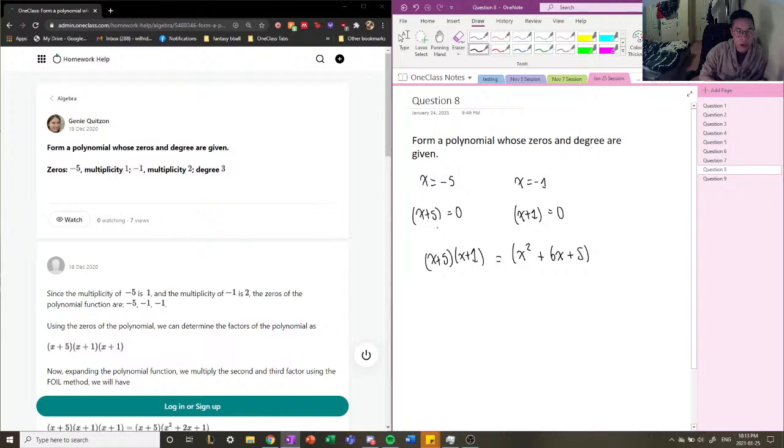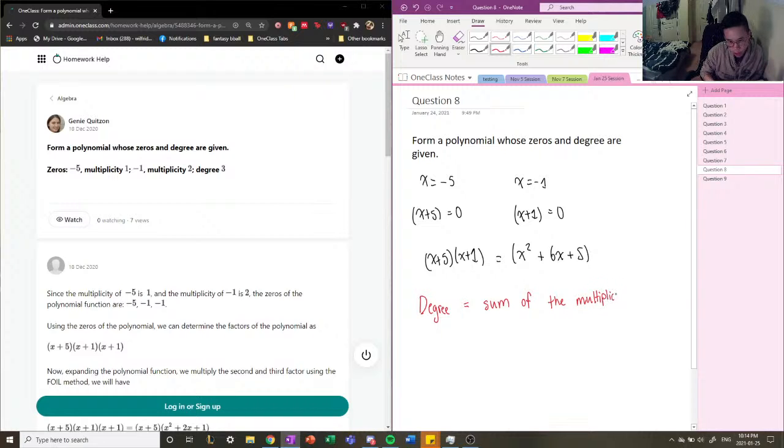So when we have a degree 3 polynomial, the degree of the polynomial equals the sum of the multiplicities.